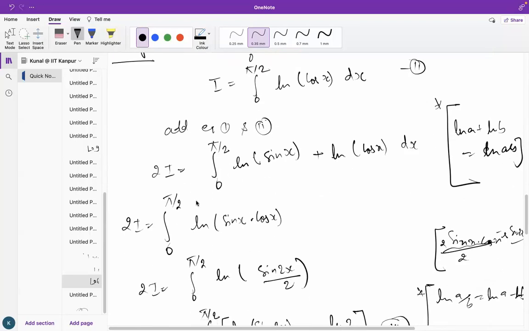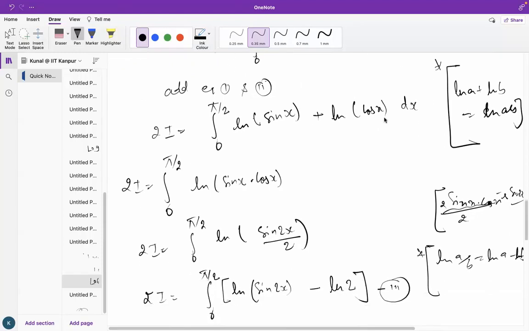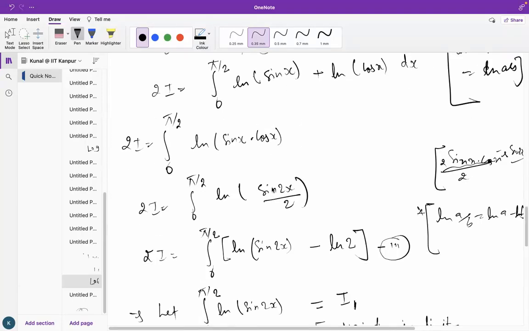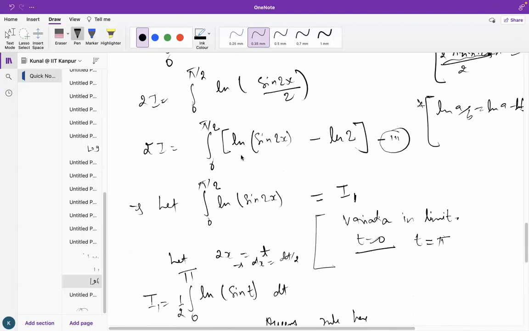We get 2I is equal to the integral from 0 to pi by 2 of ln of sin x plus ln of cos x. And we just use the basic logarithmic property that ln a plus ln b is equal to ln of ab. And then we create here sine of 2x. Then our function is converted into ln sine of 2x minus ln of 2.